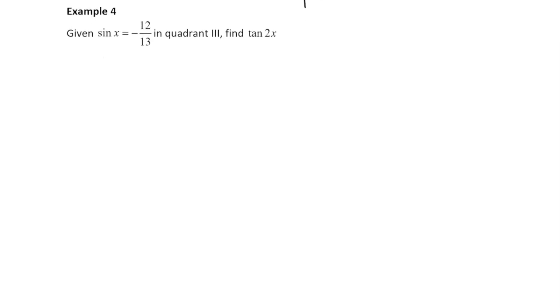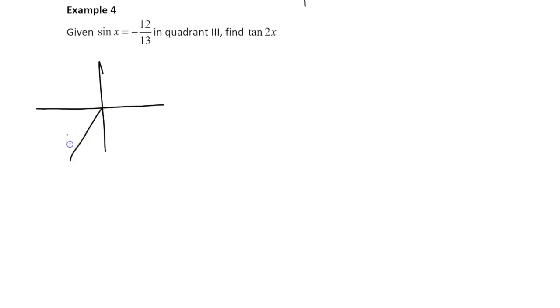Okay, and finally, example 4, your final example for pre-calc 12. Sine x equals negative 12 over 13 and is in quadrant 3. Find tan 2x. In quadrant 3, let's draw a triangle, and we know that right here, opposite is going to be 12 and hypotenuse is going to be 13.